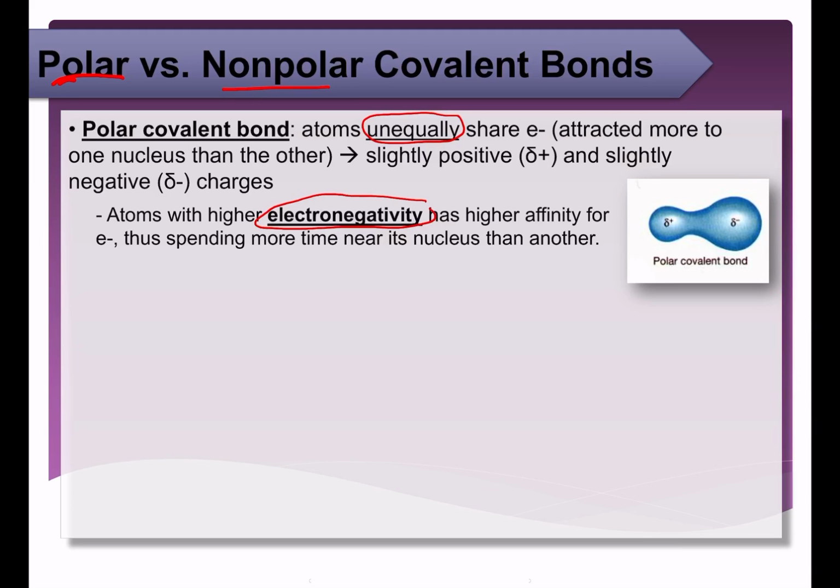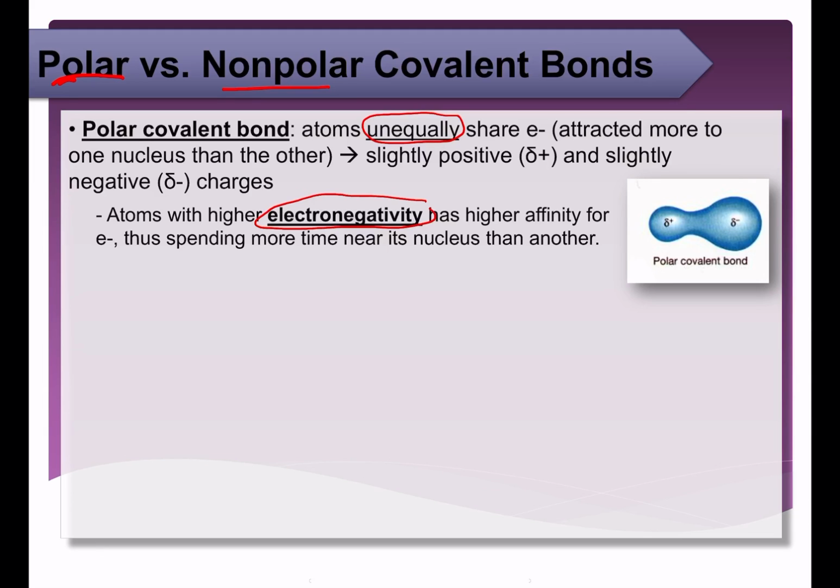Okay, I'm talking about greedy and hogging because we talked about sharing of electrons, but not all the time is that sharing equal, meaning an equal amount of electrons on both sides. Just like two children trying to hog toys to themselves, not all the time can they evenly divide the toys amongst themselves.